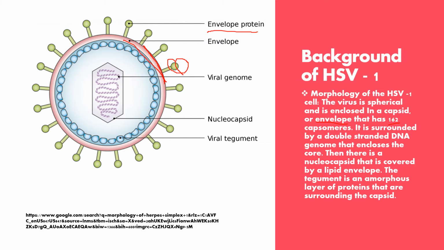It is surrounded by a double-stranded DNA genome. Then there is a nucleocapsid that is covered by a lipid envelope. The tegument is an amorphous layer of proteins surrounded by the capsid, and the tegument is right here, as you can see. And again, that's the morphology.